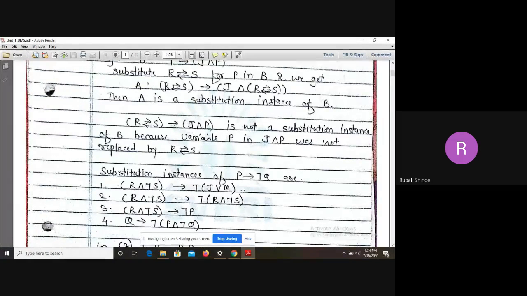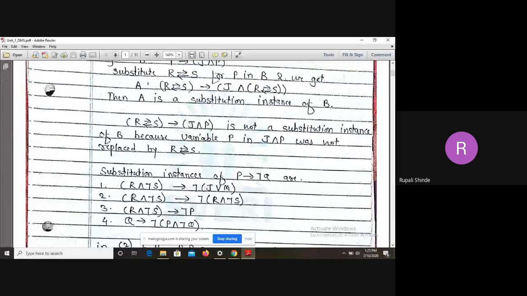So here one example is given: the substitution instance of P conditional negation Q. Here we can replace the variables P and Q. If you observe the first formula, it is R and negation S conditional negation of J or M. From this we can say that P is replaced by the formula R and negation S, and Q is replaced by the formula J or M. That's why the first is a substitution instance of the given formula.